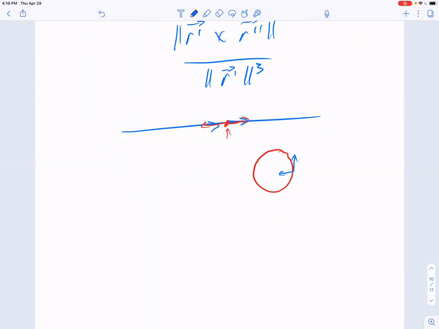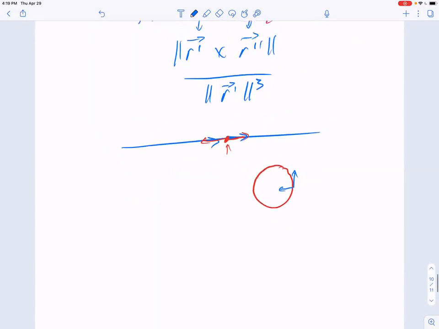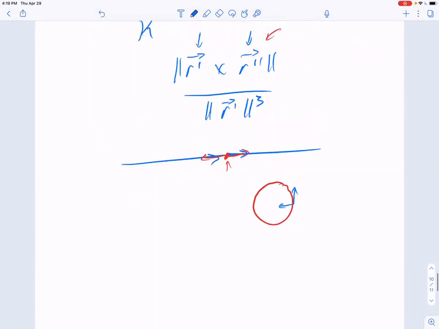And one way to think about this mathematically, when you take this product, remember that the resulting magnitude is the area of the parallelepiped, by the way, okay? So when is this the greatest?